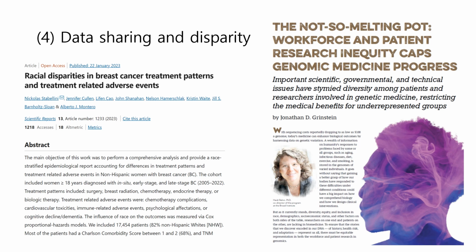And also, as you can see from many papers, racial and basic disparities in designing large cohort studies cause trouble. So I expect data sharing and disparity will become a big trouble in the future.